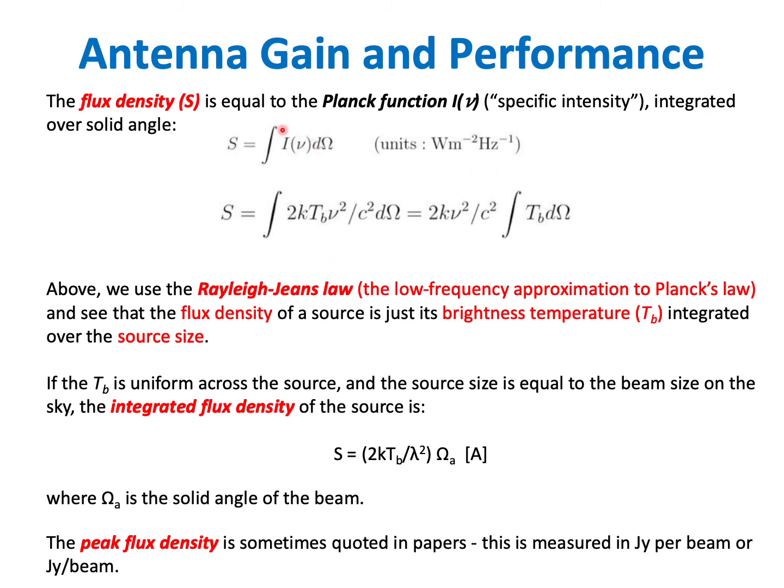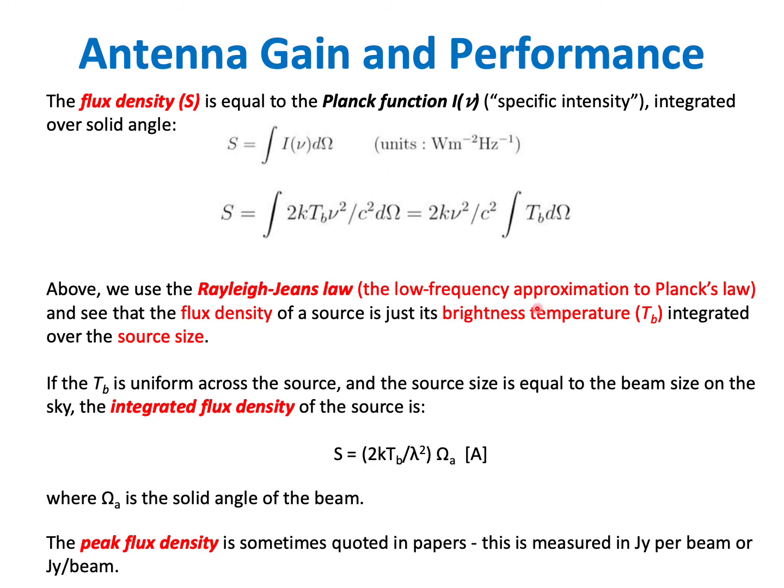Now, the Planck function, I of nu, is a fairly complex function if you look up Planck's law, so it's a slightly difficult integral to do. However, at radio frequencies, although we can observe at high radio frequencies in the tens of gigahertz, pretty much the whole radio regime is fairly low frequency.